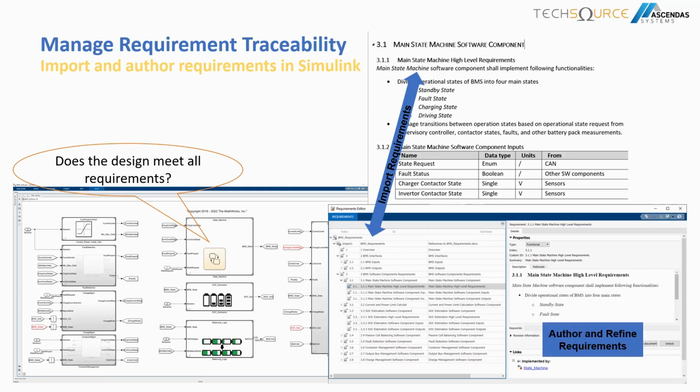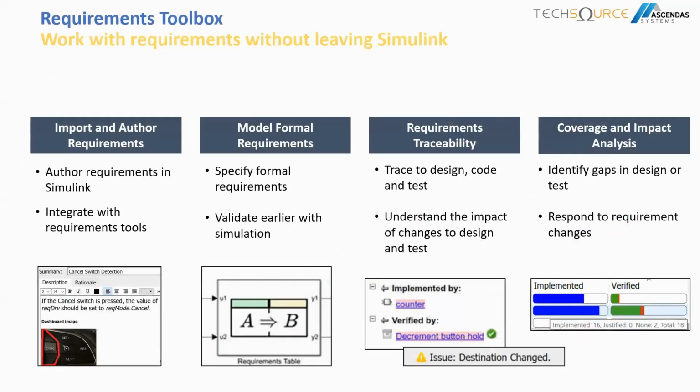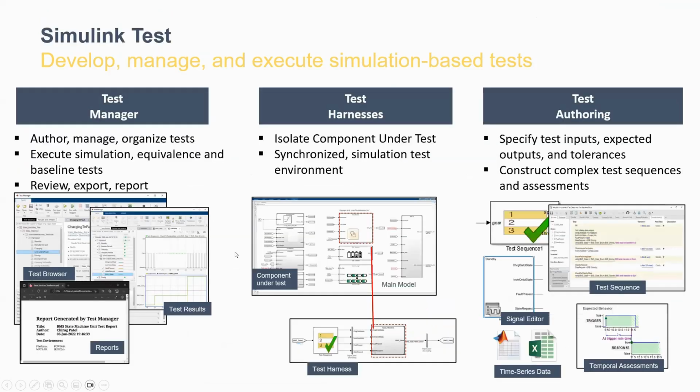You can author and refine requirements within Simulink without needing another software. Requirements Toolbox helps us work with importing or authoring requirements, modeling requirements, and traceability reports, coverage, and impact analysis, which are defined for your applications.